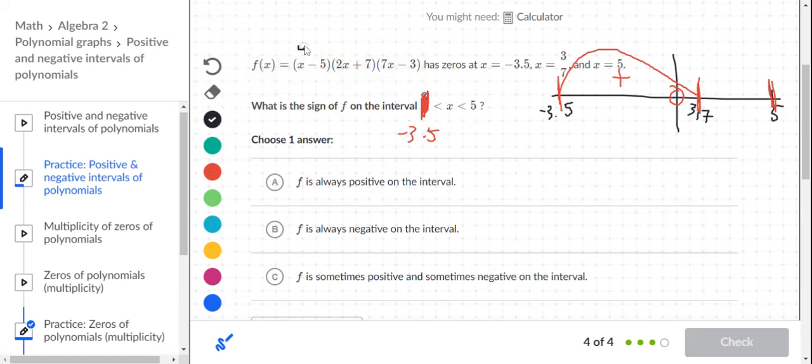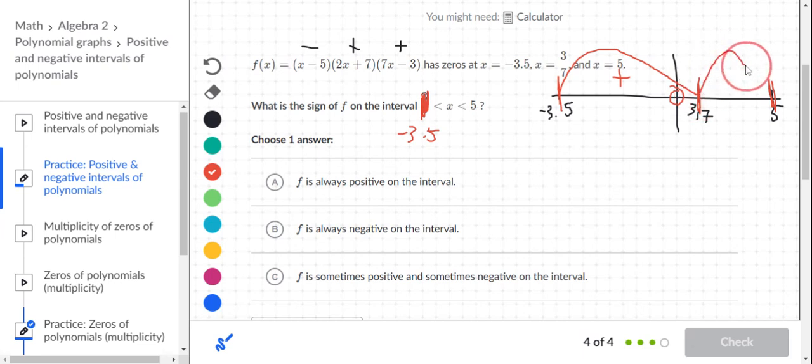Plug in 4. 4 minus 5 is negative. 4 times 2 plus 7 is a positive. 7 times 4 minus 3 is a positive. So now I get a negative times a positive times a positive. That's a negative. So what happens is the graph actually crosses over.